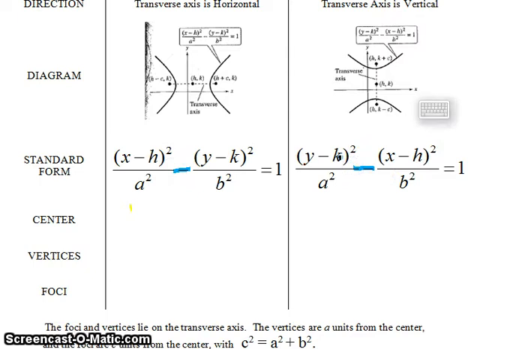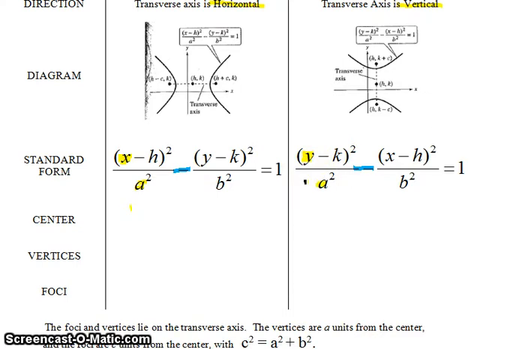The other thing that is different is that the a squared is always first. With the ellipse, you put the a squared under the 1 so you know if it was horizontal or vertical. But with the hyperbola, when it's horizontal, the x comes first, and if it's vertical, the y comes first.